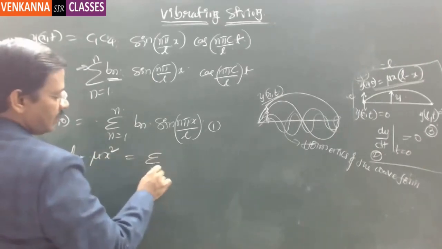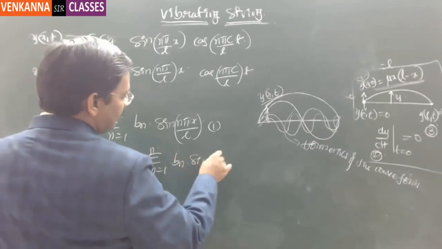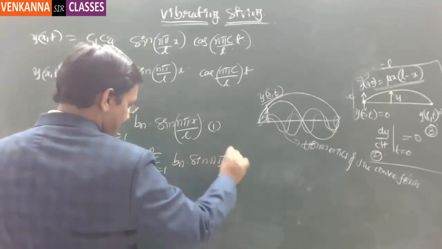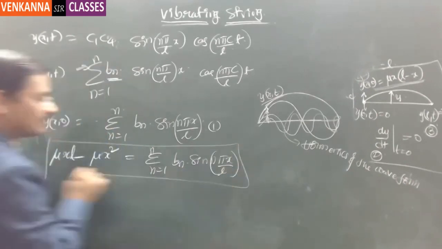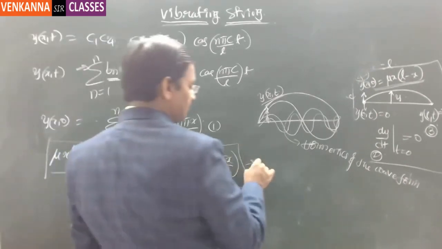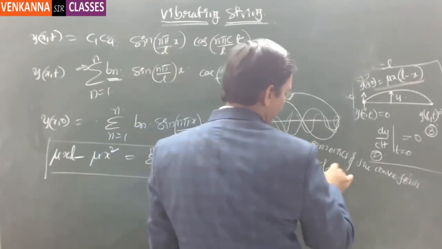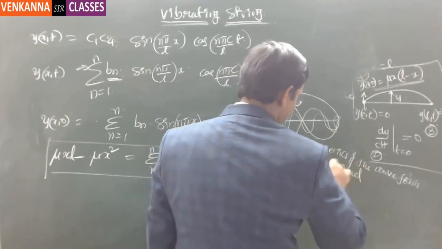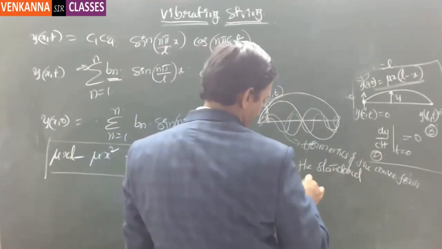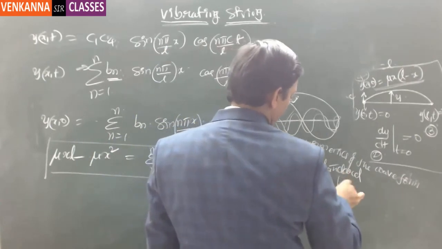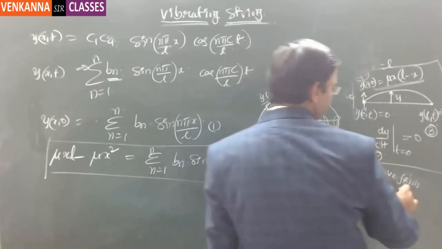This is equal to n equals 1 to n, bn times sine n pi x by L. So this is what is called the Fourier half range sine series. This is the standard form of Fourier half range sine series.